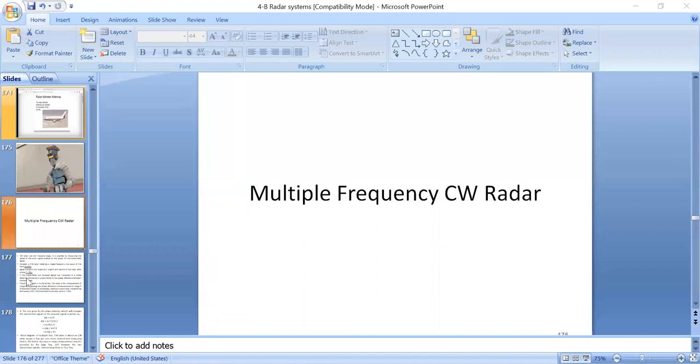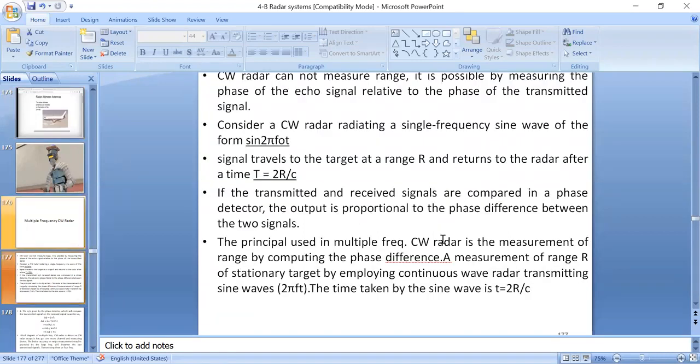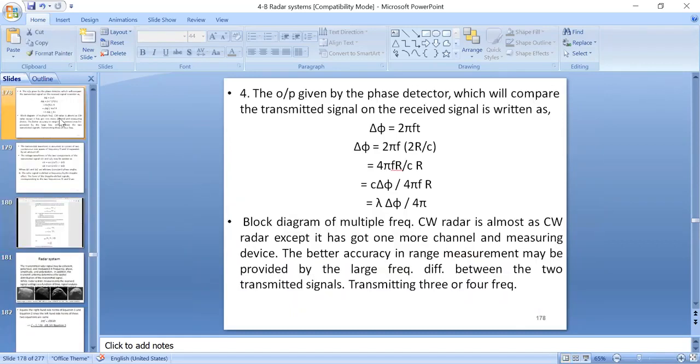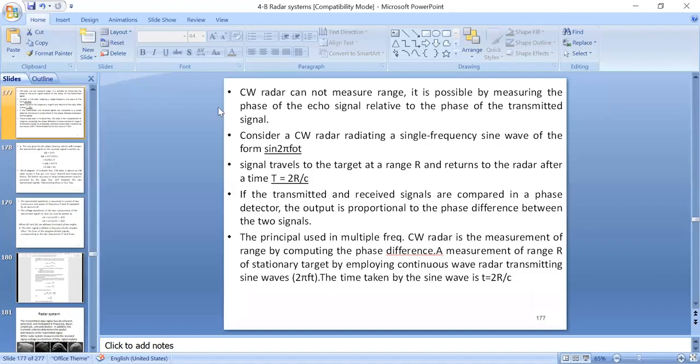So before explaining all these concepts and deriving the equations for this multiple frequency continuous wave radar, I will tell one concept here. The radar transmitting antenna transmits one pulse towards the target, right? For detecting one target, the radar system transmits one electromagnetic echo pulse towards the target.